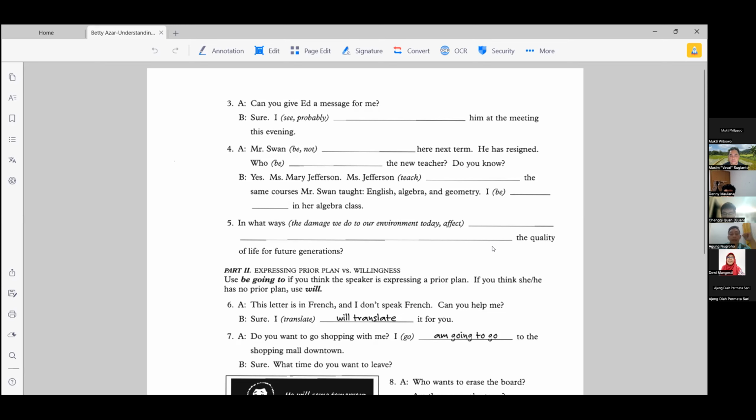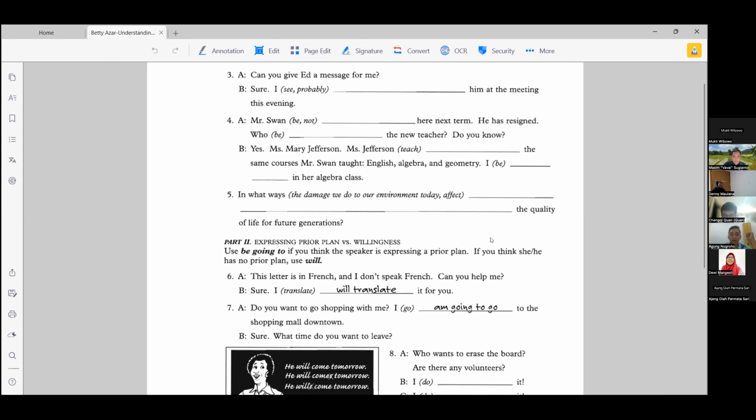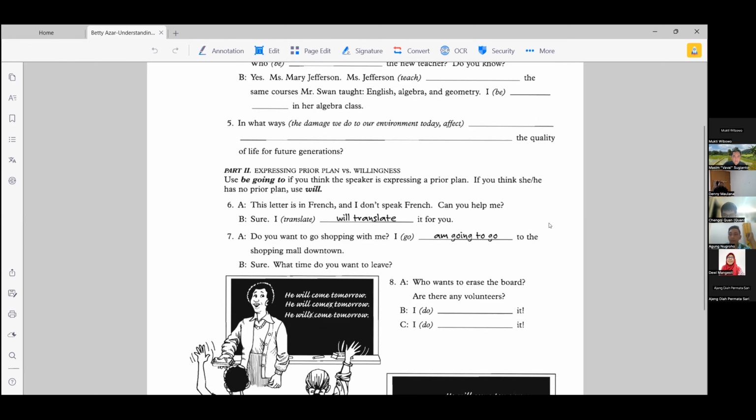Yeah, you're right. There is no certain or uncertain thing. It's something that people keep asking, so he also hasn't got a clue of the answer. So yes, will is accepted here. Thank you, Pak Mukti. You're welcome, sir.